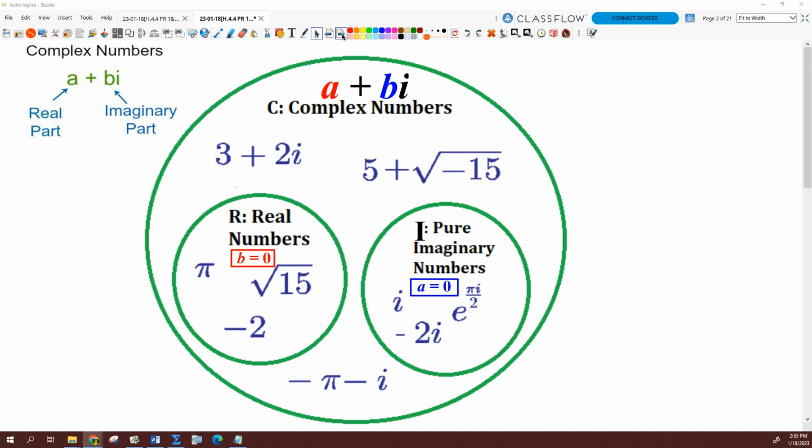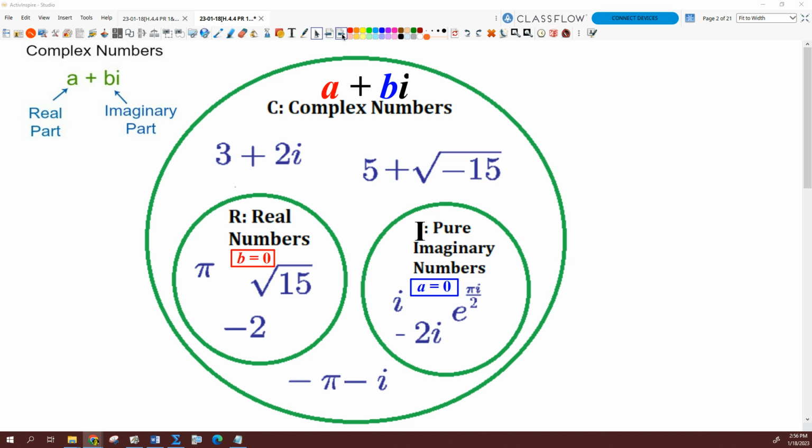So now, here is a Venn diagram, set diagram, that represents the set of all complex numbers. The big superset is the set of all complex numbers, which includes things like 3 plus 2i, right? Then there are two subsets that we're familiar with. One subset is the set of real numbers.